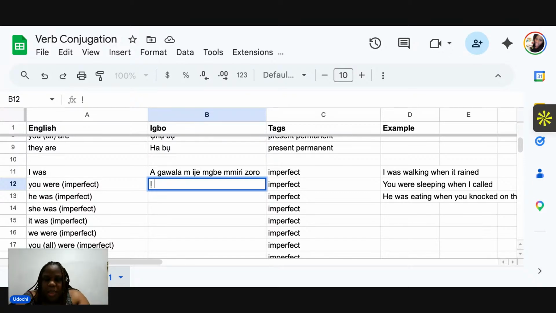Ihirela... hold on. Hiwela. I think it's hiwela.